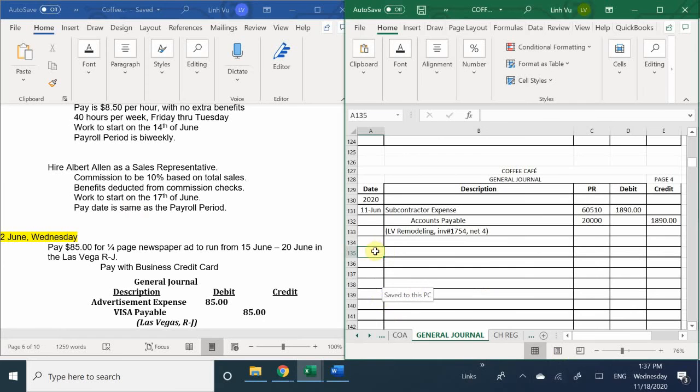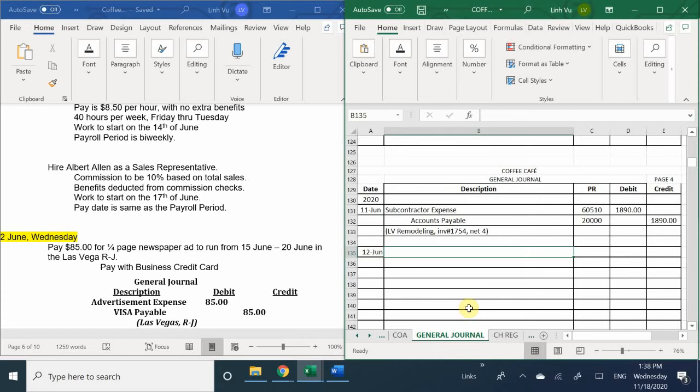Well, the date is June 12th. That is the advertising expense, correct, because we're getting an ad. We're marketing our grand opening in the Review Journal, RJ for short.